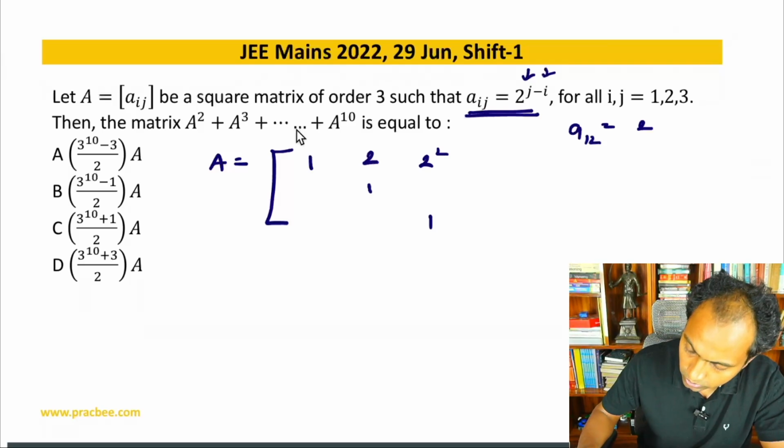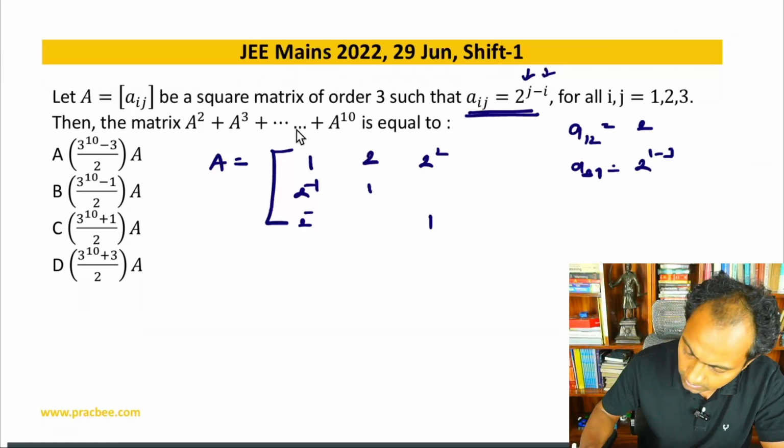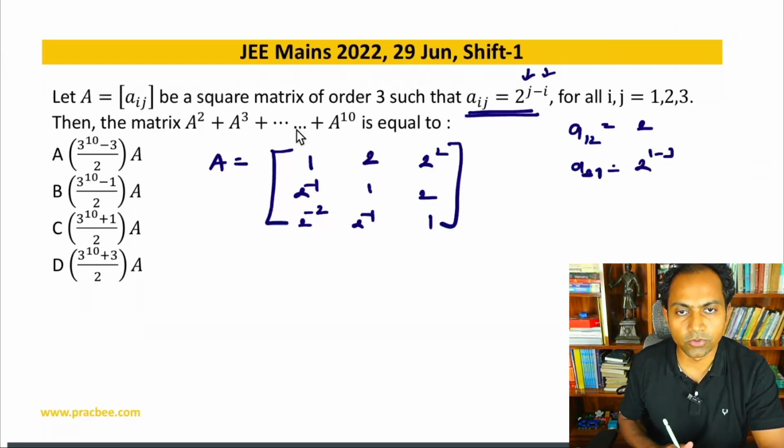This will become 2 square. Similarly, this will become 2 raised to the power 1. This will become 2 raised to the power 3, 1 is going to become 2 raised to the power 1 minus 3. So 2 raised to the power 2 minus 2, and this will become minus 1, this will become 2. So this is the matrix that we are going to get.